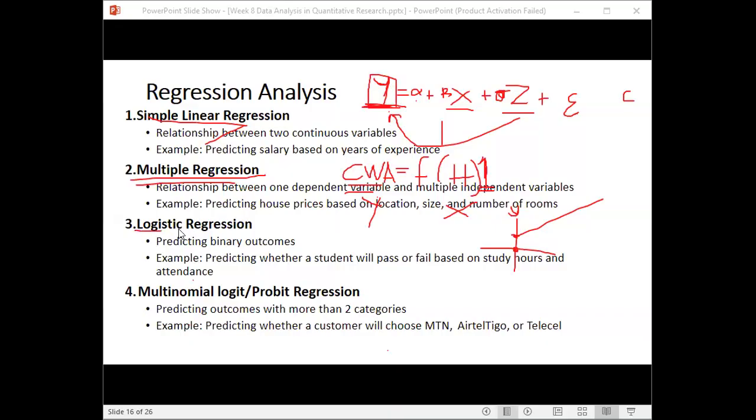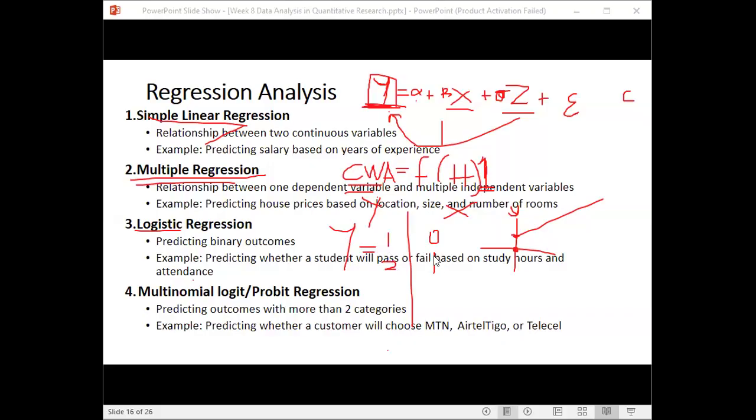Now, if you come to the logistic regression, the outcome variable y is a categorical variable. It's like a qualitative variable. So it can assume, just say 1 and 2, or say 0 and 1, right? Let's assume yes and no. So I want to predict you coming to school or not coming to school, so absent or present.